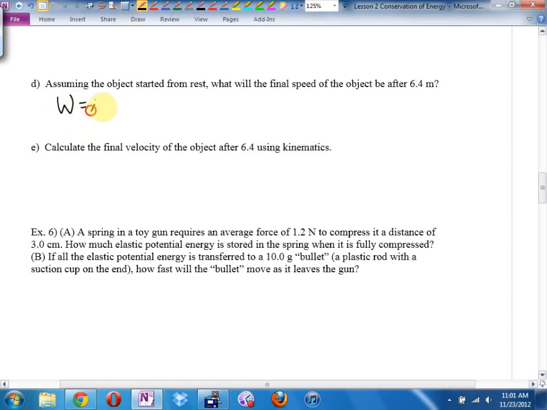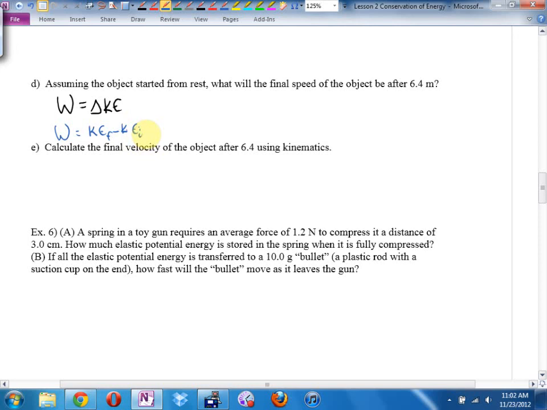I'm going to say work equals the change in kinetic energy plus the change in potential, but look at my picture. It was staying on level ground, so the change in potential is 0. Work equals kinetic energy final minus kinetic energy initial.